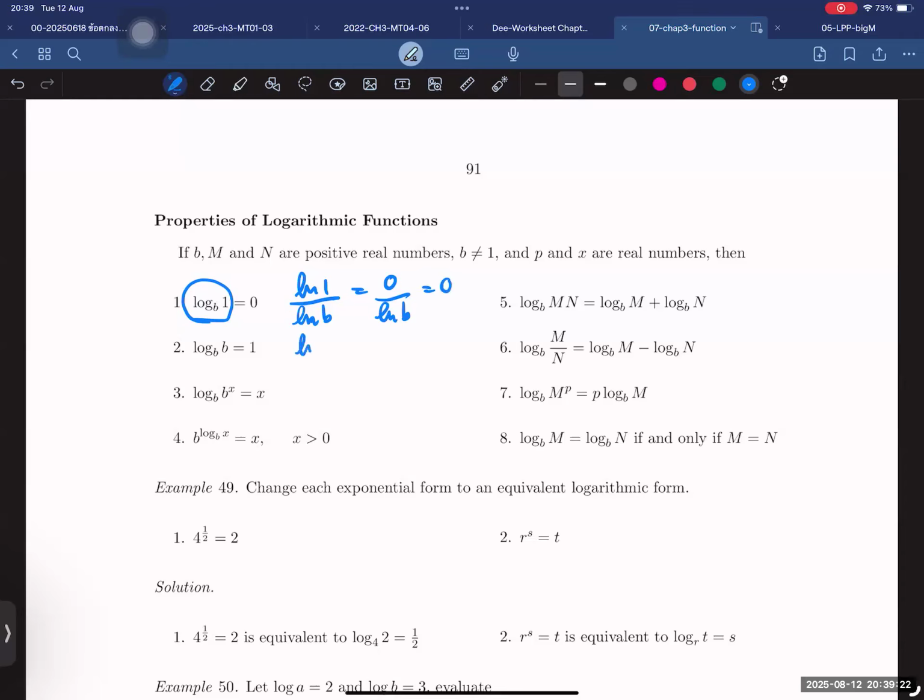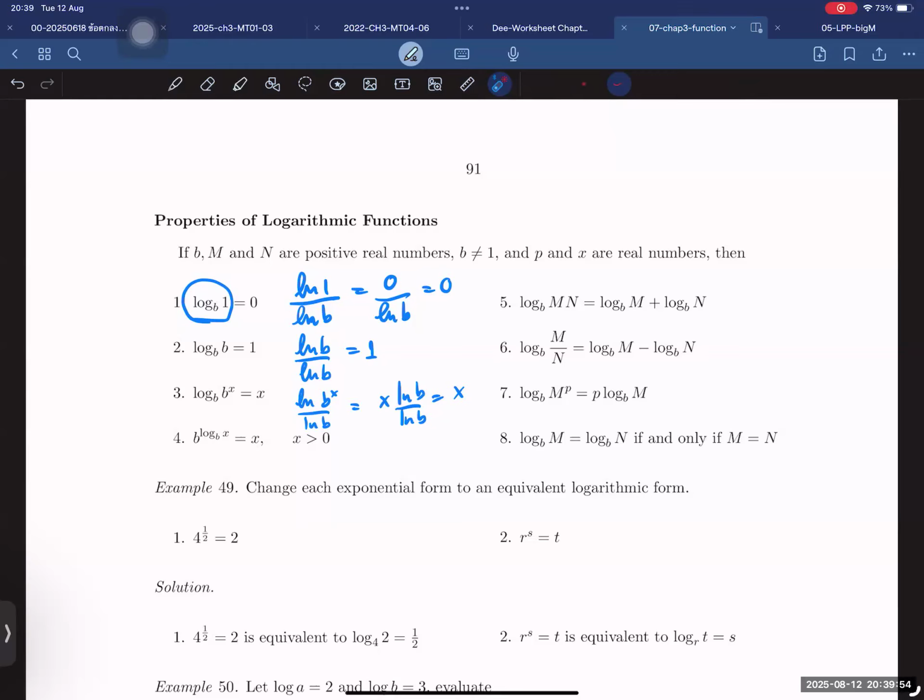Number 2 is log b divided by log b, so we have the same number here. That is exactly 1. And number 3 is log of b to the x divided by log of b. That is x times log of b divided by log of b, and log of b cancels out. It's just x. Okay, this is how we apply the properties of log.